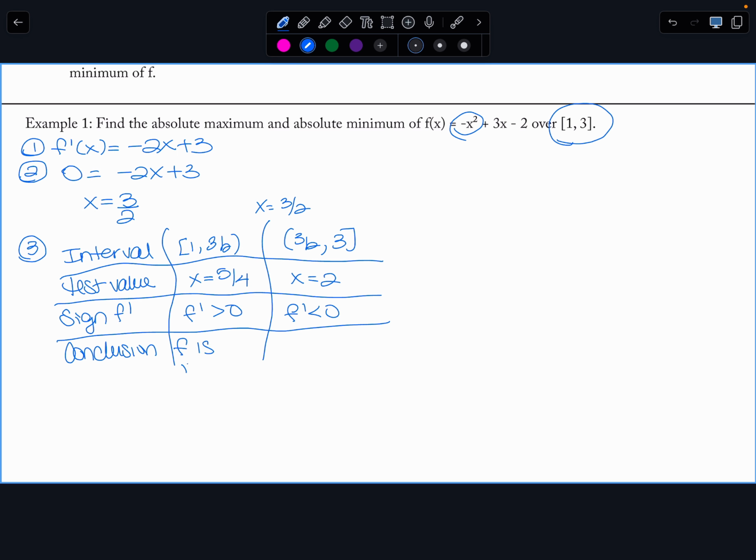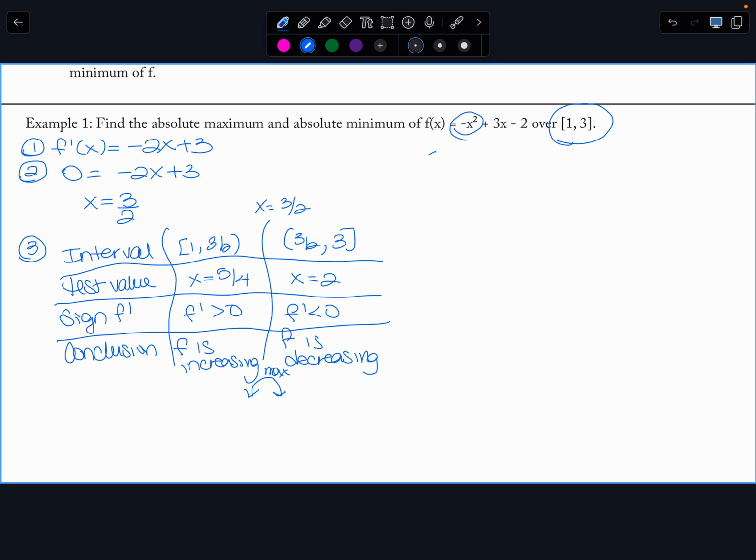So f is increasing, and f is decreasing. So that means that at my critical number, I can have a maximum. I don't know if it's the absolute or not. In theory, I do, because we know what the frowny face parabola does. But in other situations, I wouldn't necessarily know if that critical number was my absolute or not unless I put it into my original equation.